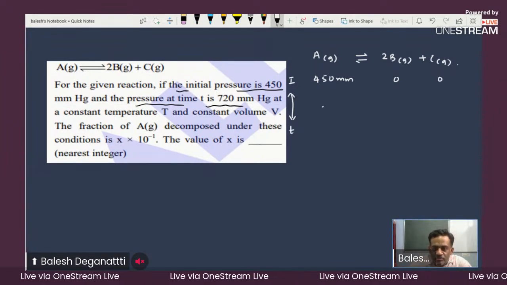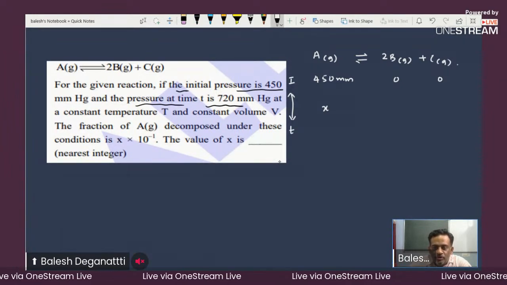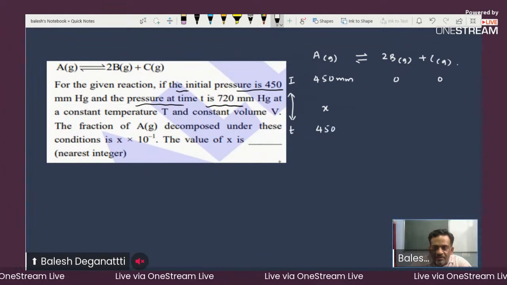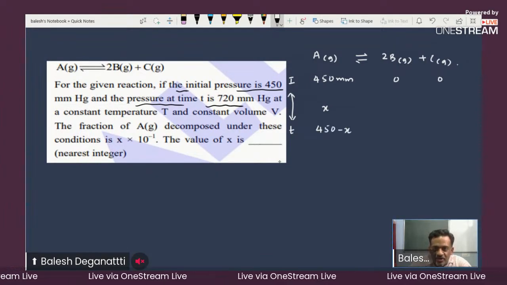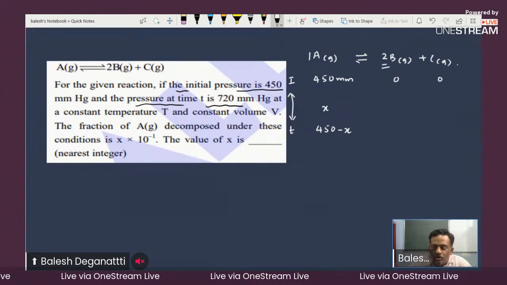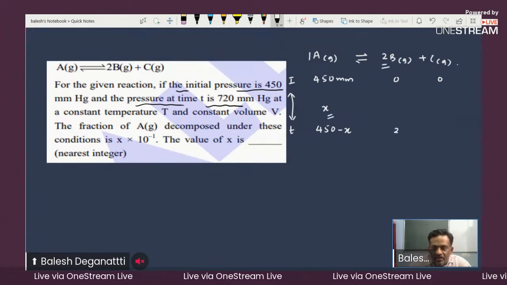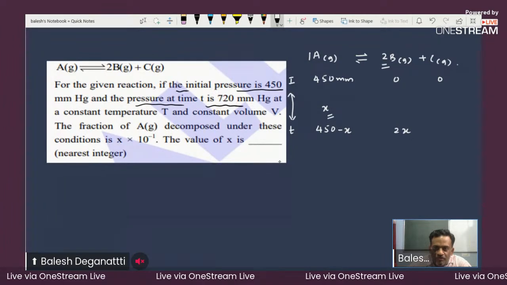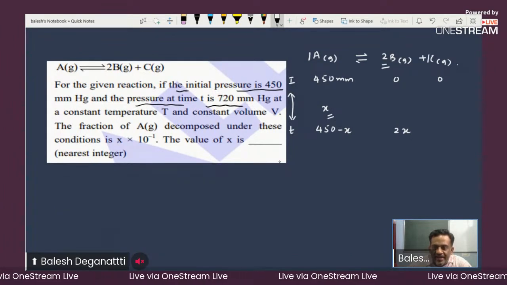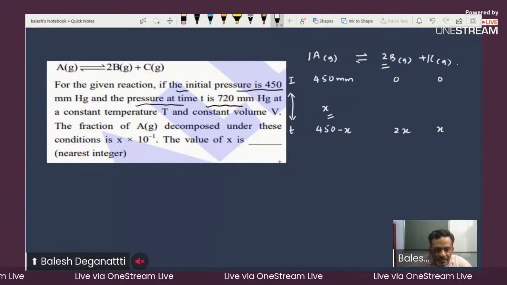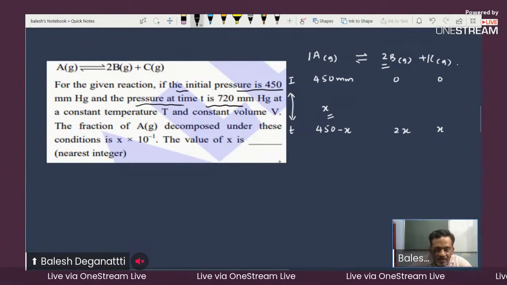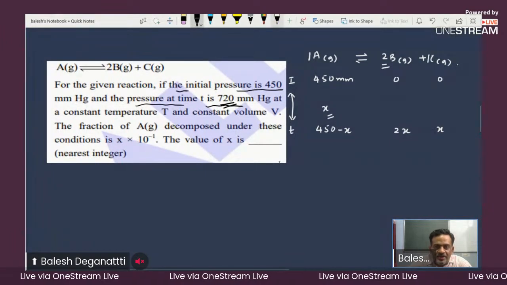Then let me assume that x mole of A will be going to product. How much of A is left? 450 minus x. So 1 mole of A can give me 2 moles of B. x can give me 2x moles of B. 1 mole of A can give me 1 mole of C. x of A can give me x moles of C. So after time t, what is the pressure? 720 mm.